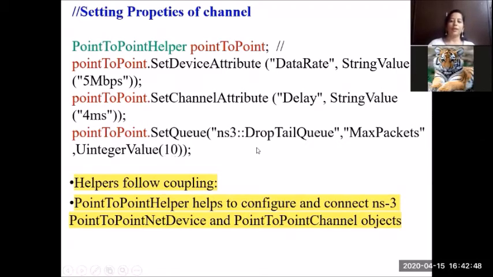And we'll use a drop tail queue where if it exceeds 10 packets, it will drop. It will leave out the 11th packet which enters the queue. It simply drops the packet. We'll be losing it. You'll see it in the example when we run the program. So this is the next step.